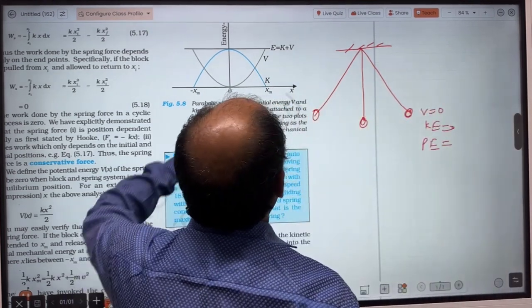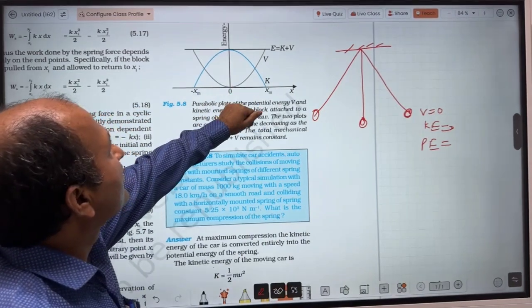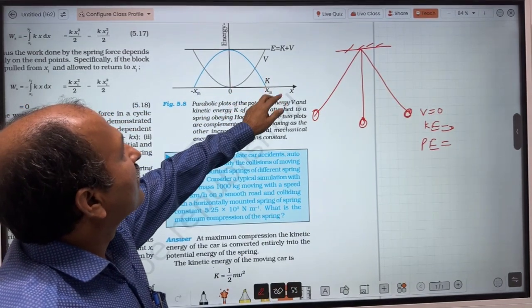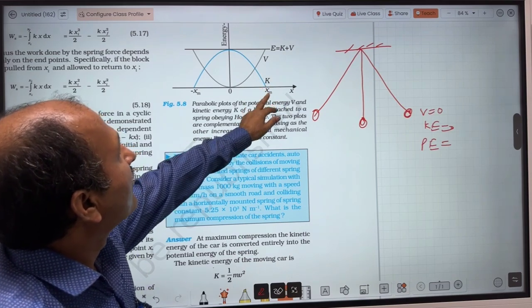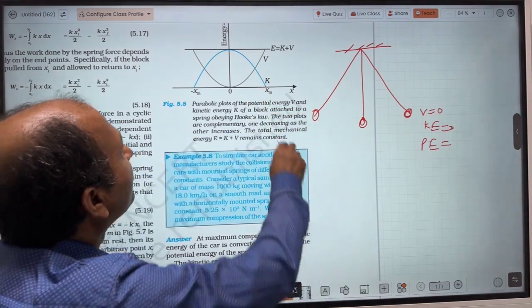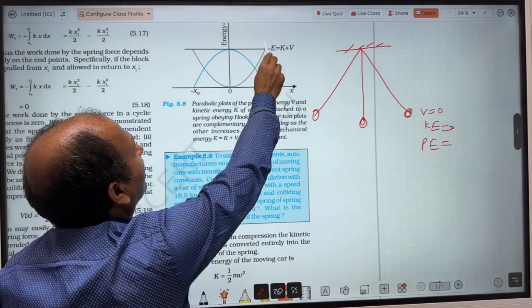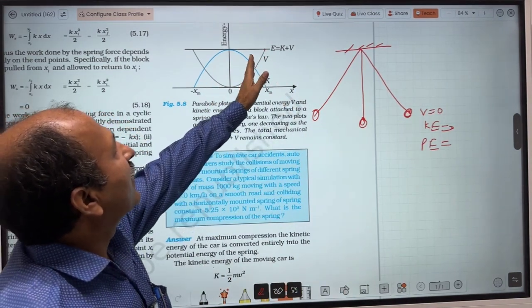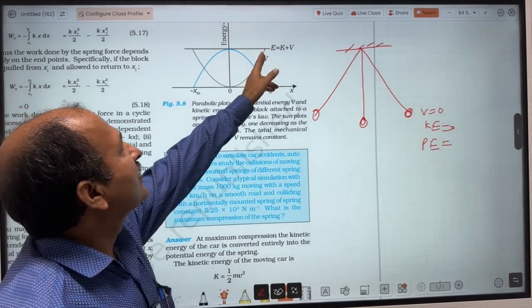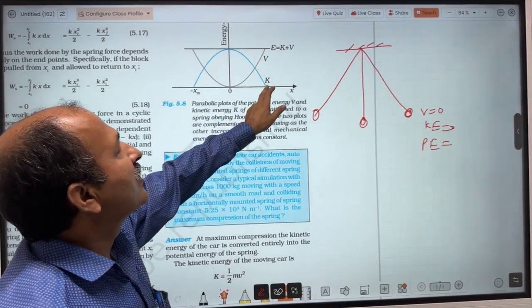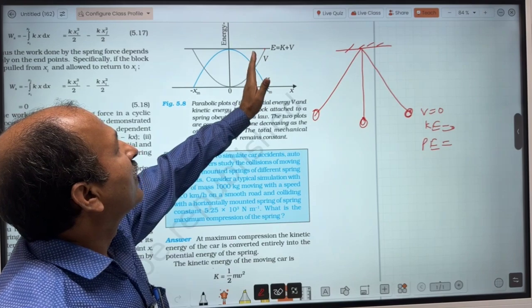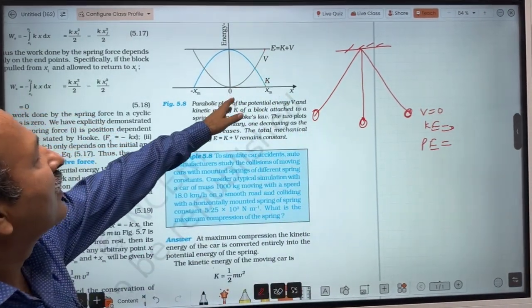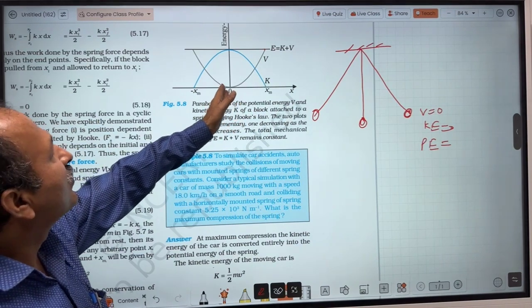So these are the cases where extremities are there, like xm. Unlike the case of the pendulum, velocity will be highest for the spring, so it will have the highest kinetic energy, and potential energy will be 0. After some time its velocity will start decreasing.